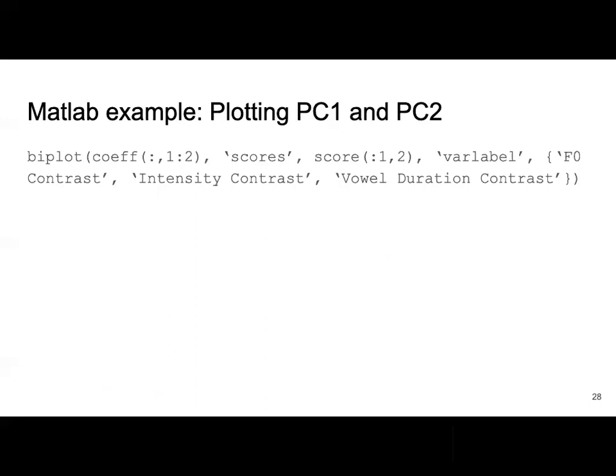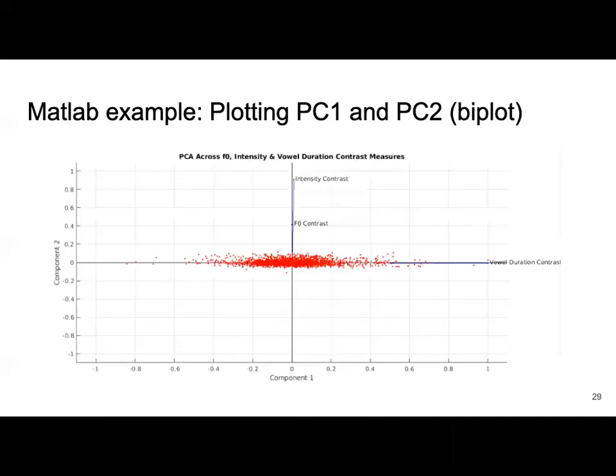If you have an example where 3, 4 or 5 components explain the data, this plot might not work. But if just 1 or 2 components explain the data, this plot will be very helpful. The plot is called a biplot, and you're basically plotting the loadings and the scores, and then we're going to label the variables so that we don't have to remember exactly which is which. And this is what it ends up looking like.